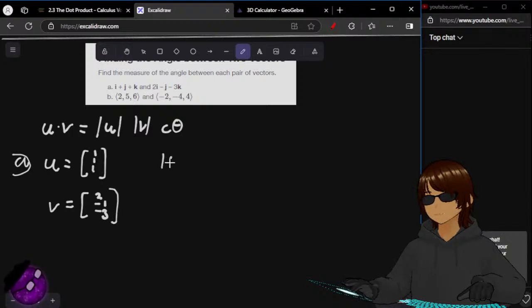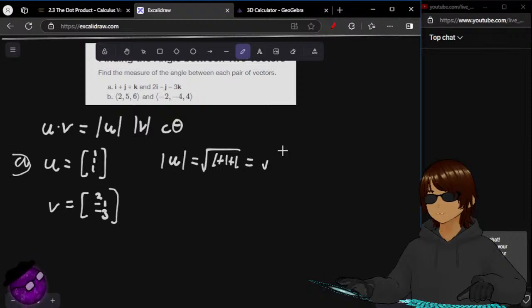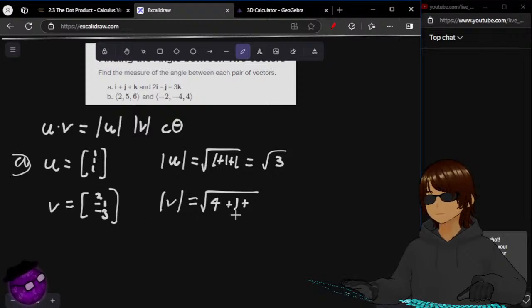And then the magnitude of u is root of 1 squared plus 1 squared plus 1 squared, which is root 3. The magnitude of v is 2 squared, which is 4, plus minus 1 squared, which is 1, plus minus 3 squared, which is 9. So root 14.